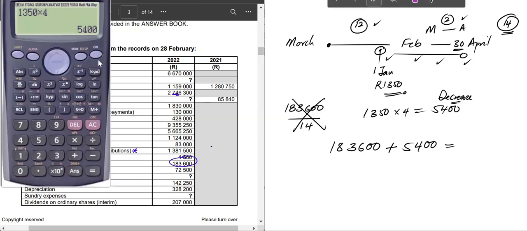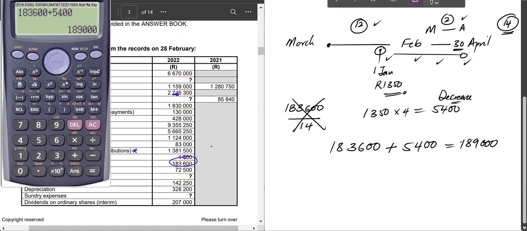So 183,600 plus 5,400 gives me 189,000. This therefore becomes rent for these 14 months, and rent would be constant in that case because I have added the decrease.